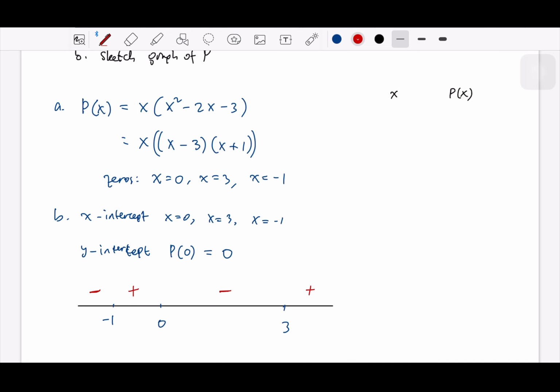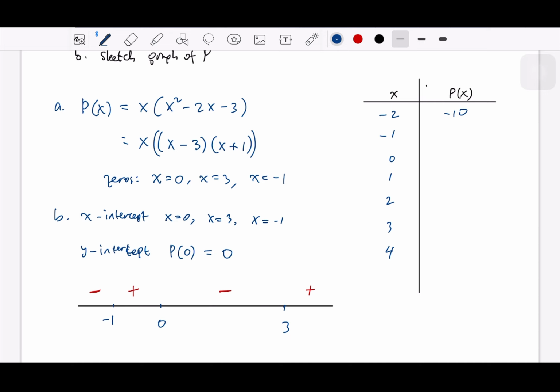We can also take the points: -2, -1, 0, 1, 2, 3, 4. For -2, it's 10 multiplied with negative, so it's -10.